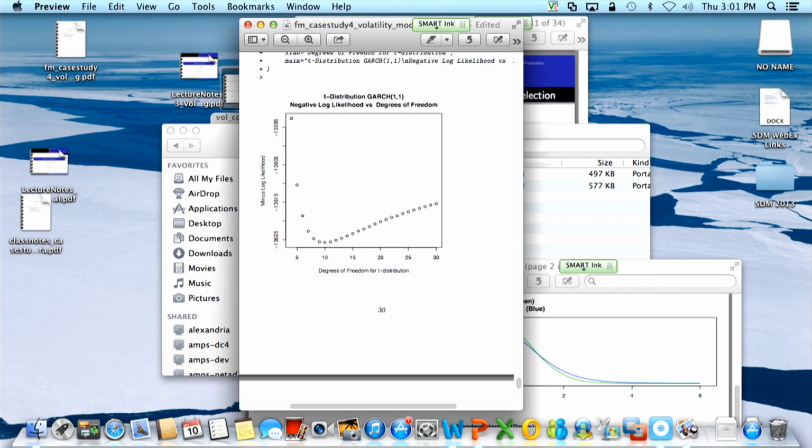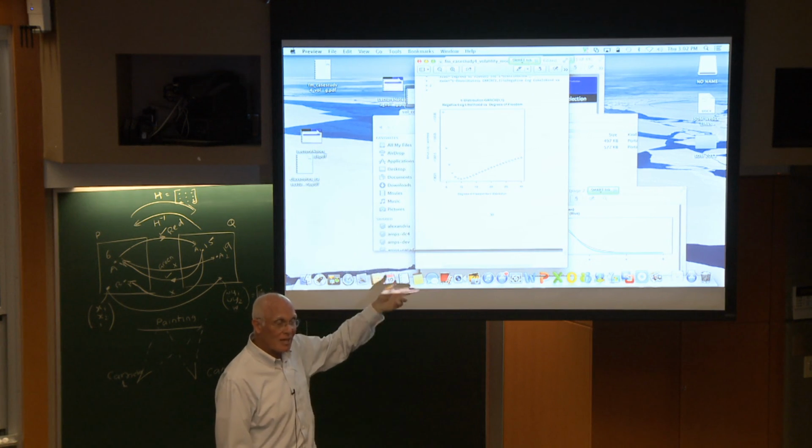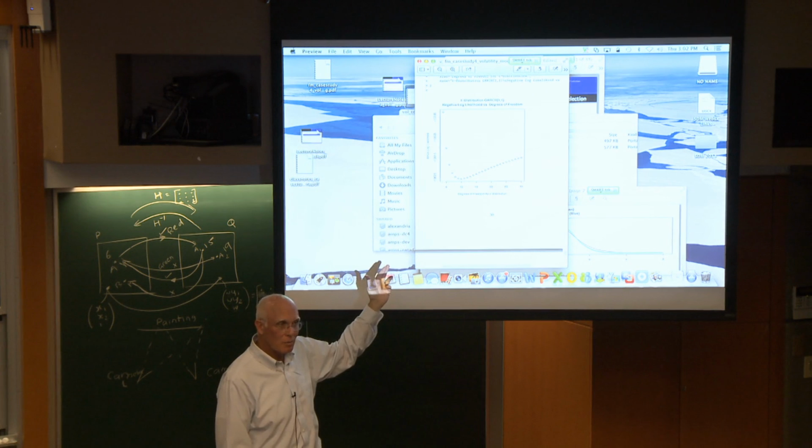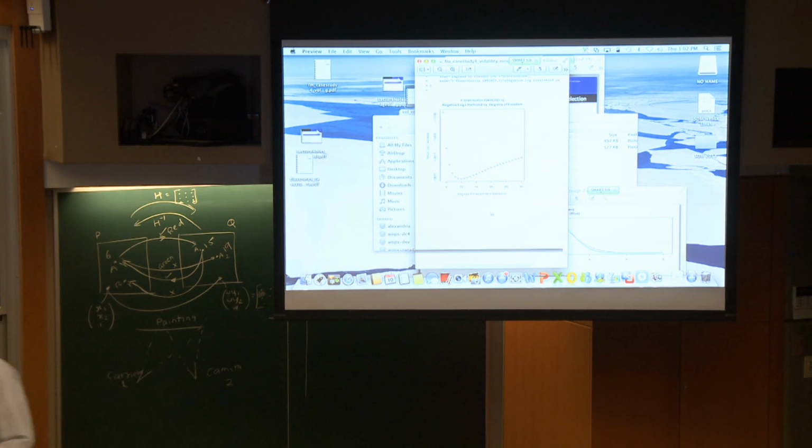With the rugarch package, one can get the log likelihood of the data fit under the t distribution assumption. And here's a graph of the negative log likelihood versus the degrees of freedom in the t model. With maximum likelihood, we identify the value which minimizes the negative log likelihood, and that comes out as that 10 value.